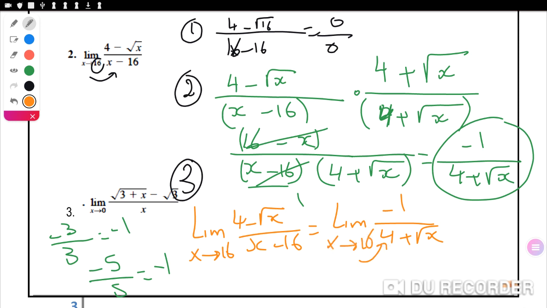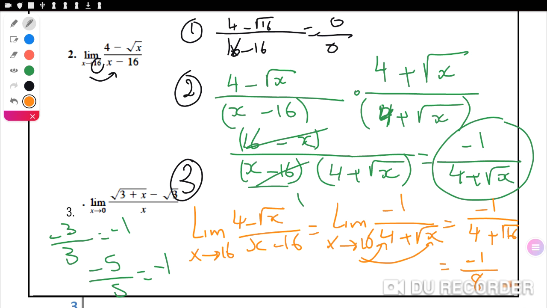By replacing, because I canceled the factor which makes the denominator 0. Okay, replace: it will be -1 over 4 plus square root, replacing each x by 16, square root of 16, which will be -1 over 4 plus 4, it will be 8. You can use a calculator. That is the limit of the given function.